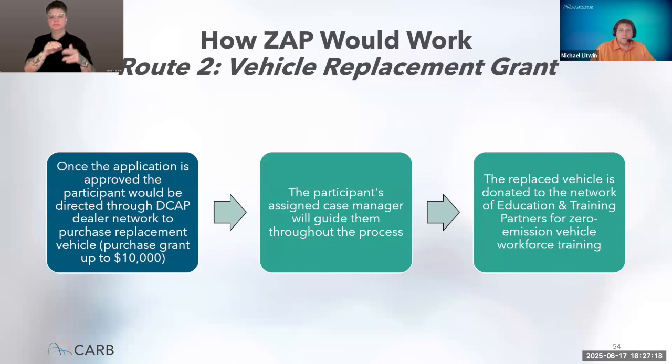Upon application approval, the participant goes through the DCAP purchase network to acquire a replacement vehicle with a purchase grant up to $10,000 for the donation of the vehicle. The participant donates their qualifying vehicle to the program to be used for workforce training, and any qualifying components are reused, refurbished, repurposed, or recycled.